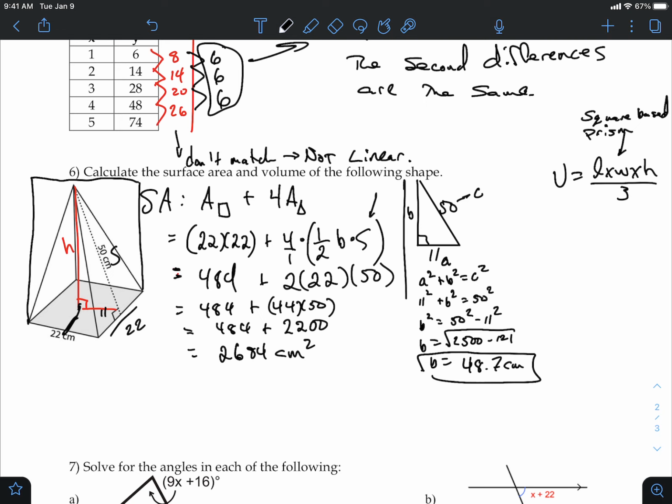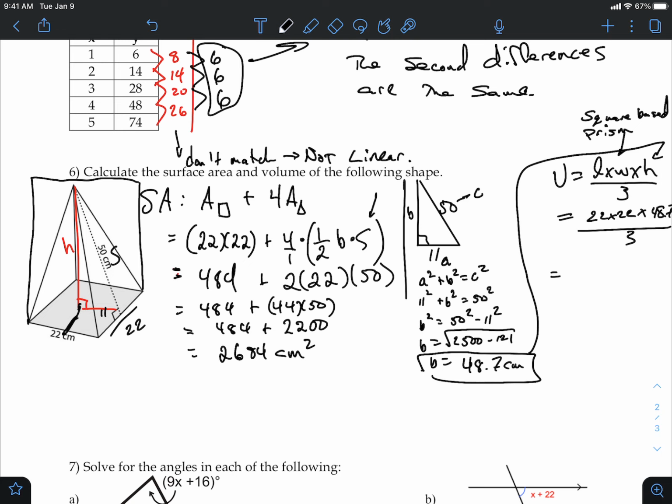Saw some 2's there. Just be careful taking it off the formula sheet. So we're going to get length times width is 22 times 22 times 48.7, divided by, remember this is the height, 3. What did we get for the volume?